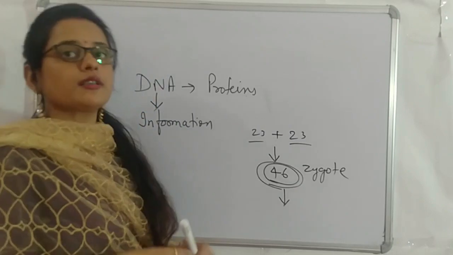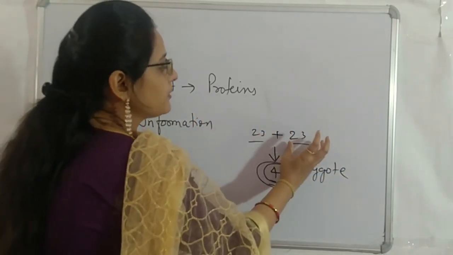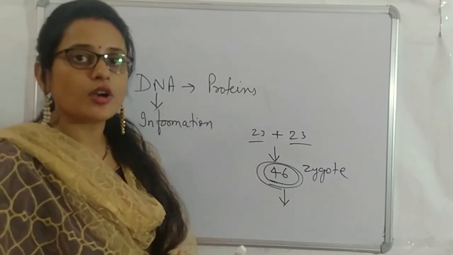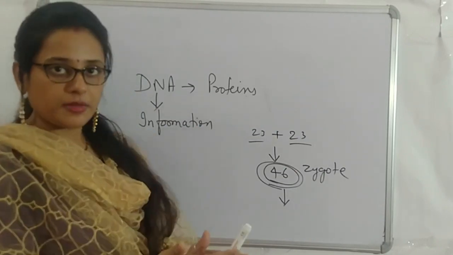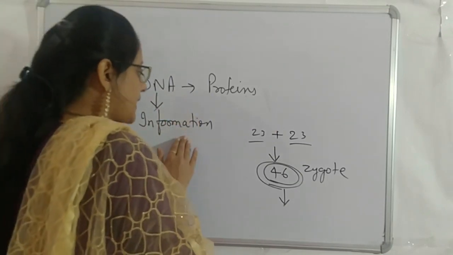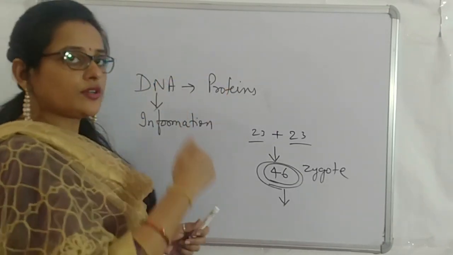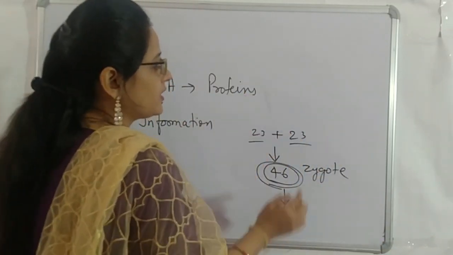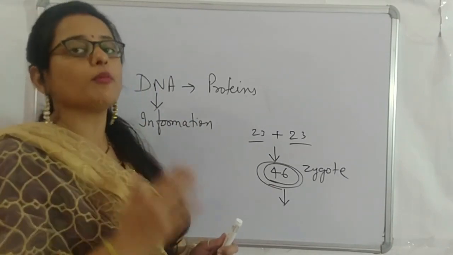So our proteins are a result of a mixture of father and mother DNA, so we look similar to our father or mother. This is called transfer of hereditary information, that is, DNA is the genetic material because DNA is carrying certain information and that information leads to formation of proteins, and this DNA is transferred from one generation to another in this format. So we have the genetic material of our parents in the form of DNA.